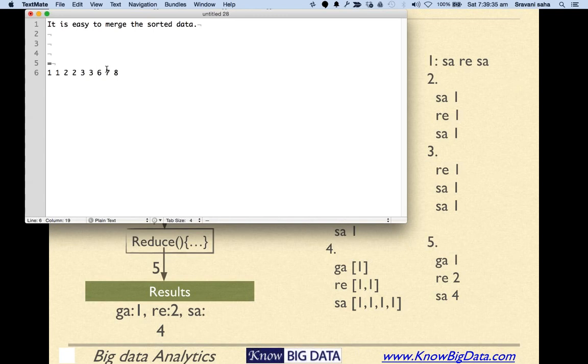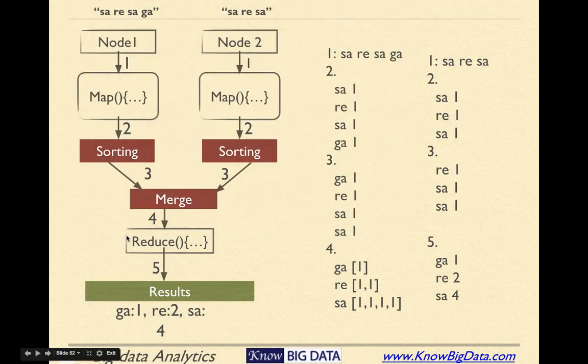If these were not sorted, then it would require a lot of time on the node on which we are running merge. It will take a lot of time on this node to do the sorting. And we have already told that sorting is probably the most intensive exercise in all of this process.